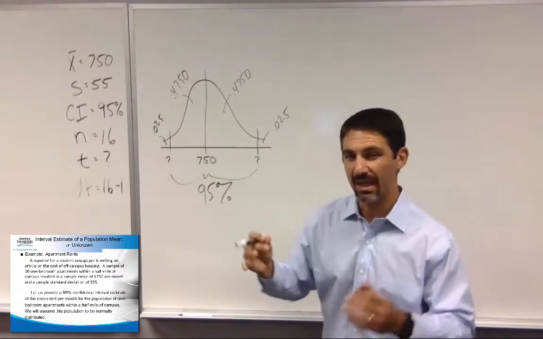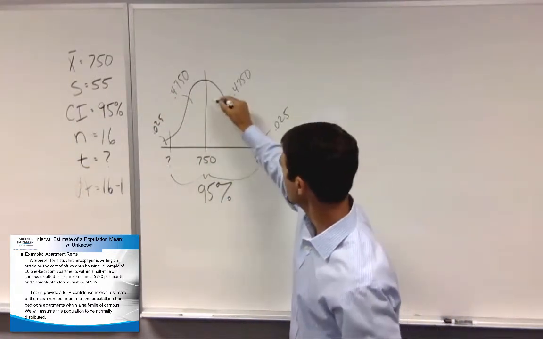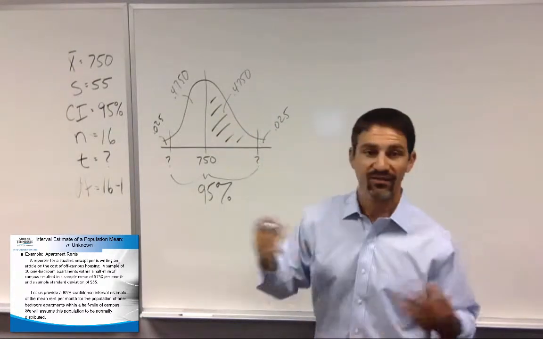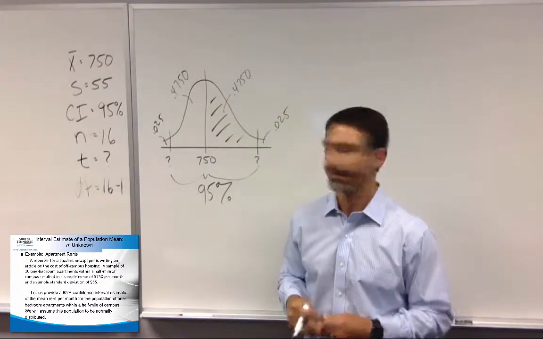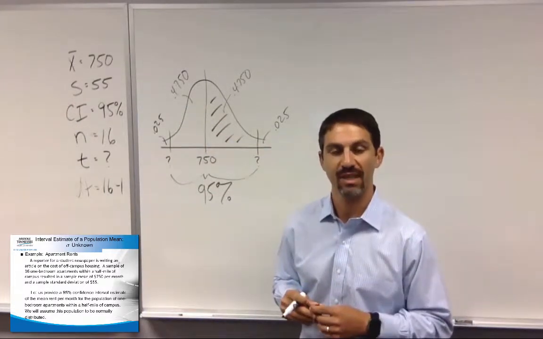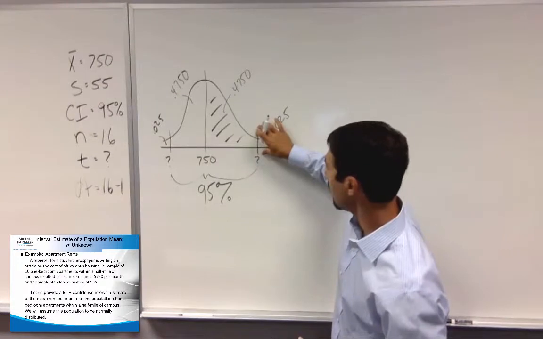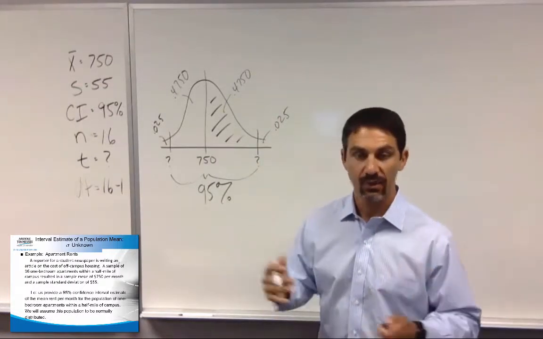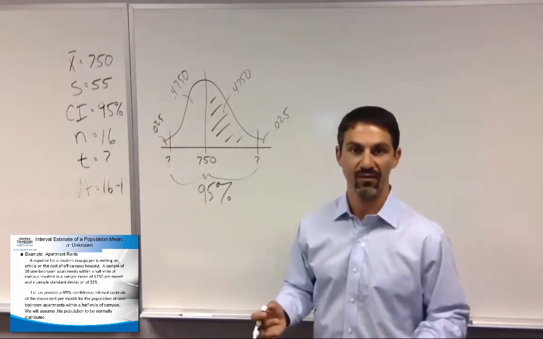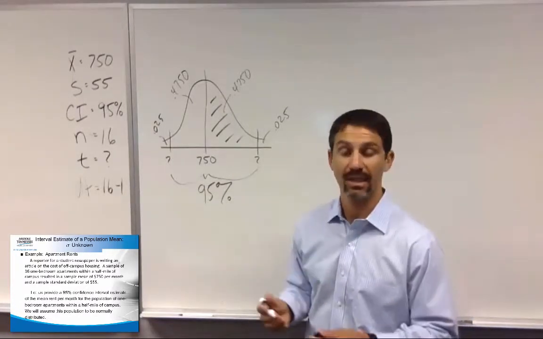So what does this mean? In this section here is 47.5% of my data, in this section here is another 47.5% of my data, in this upper tail is 2.5% of my data, and this lower tail is 2.5% of my data. So that's how it all kind of works together.